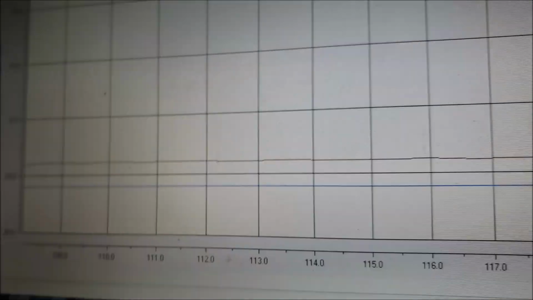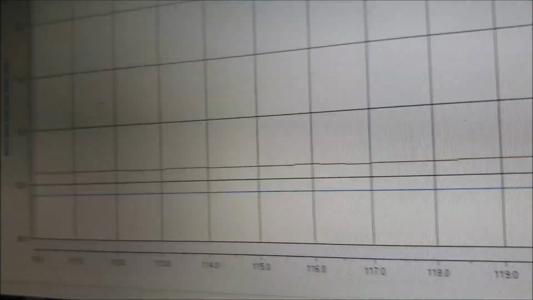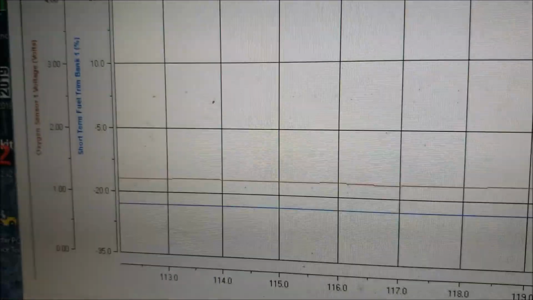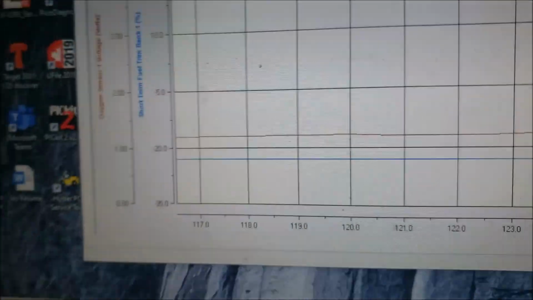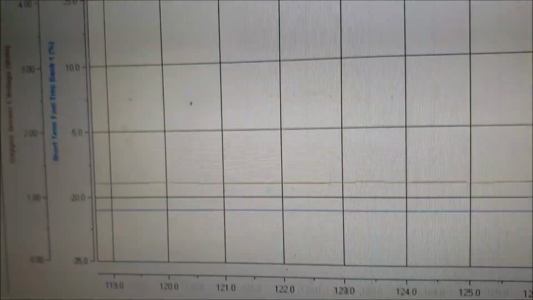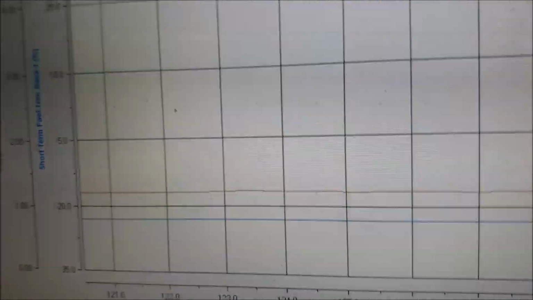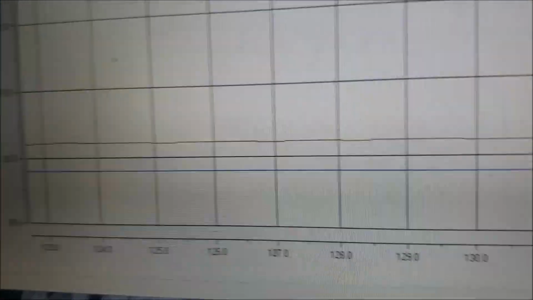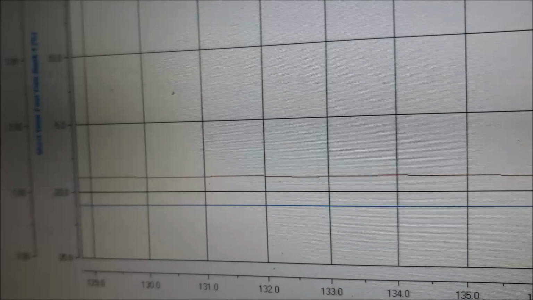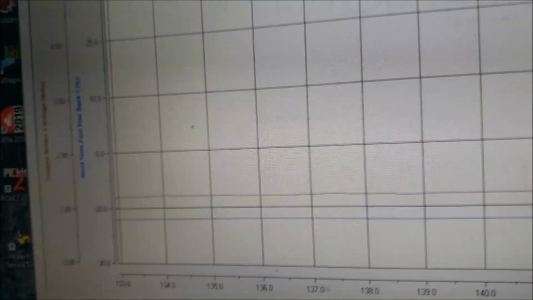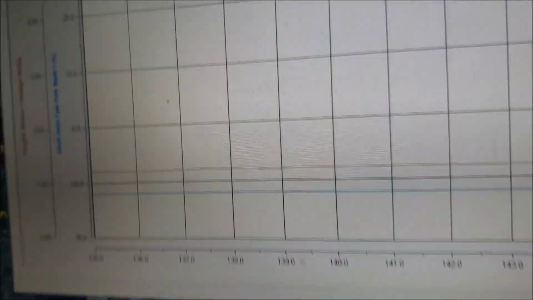See how it reacted. That's a lot of air, but as you can see, my oxygen sensor is still at 1, and my fuel trim is not any better. I have a lot of air going in there, but my fuel trim does not respond.